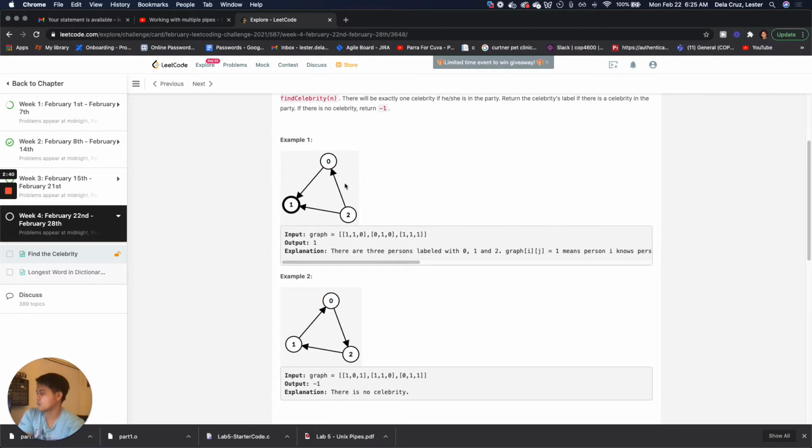And if the answer is no, that 0 doesn't know 1, then 1 is not a celebrity, because everybody has to know the celebrity. So we can cancel out 1, still reducing our number of options to n-1. And as we go, that would be linear time.